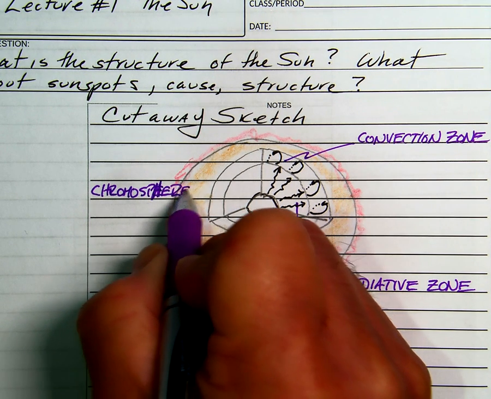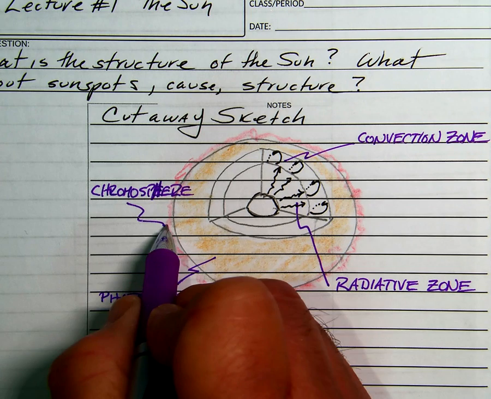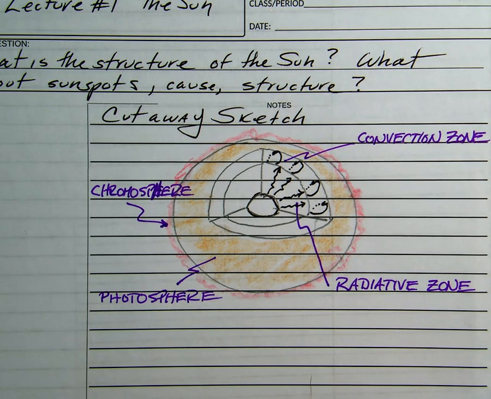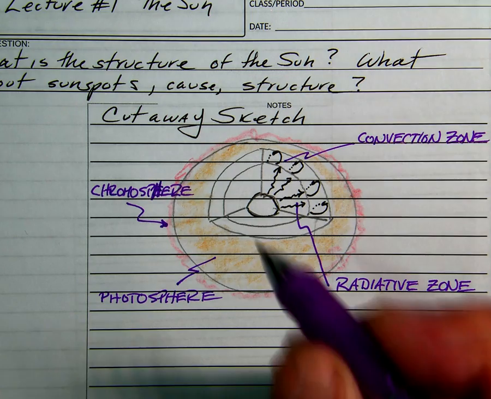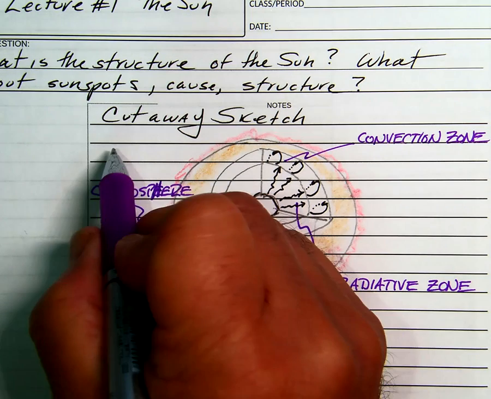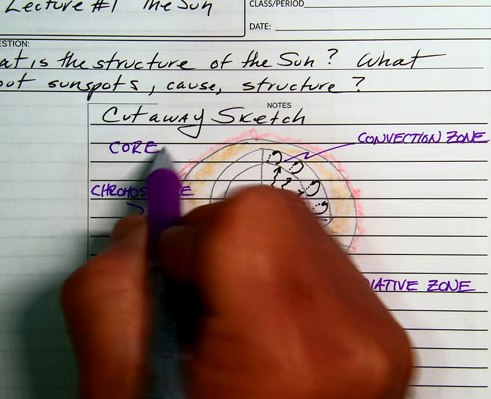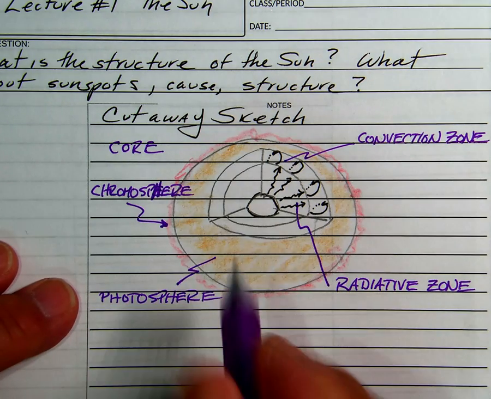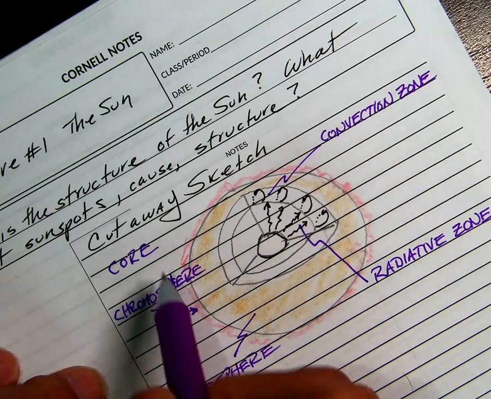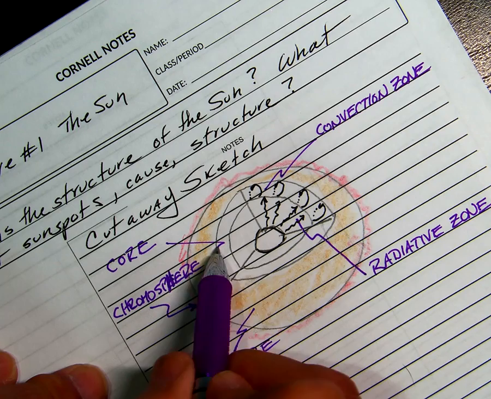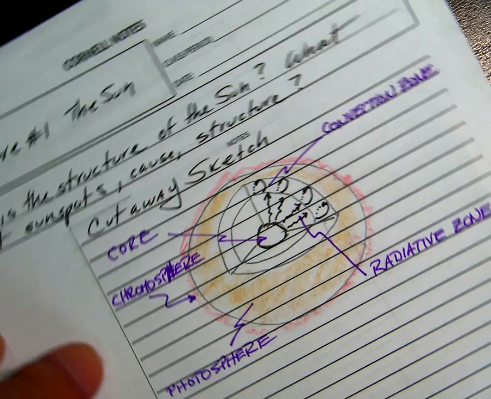That would be the pinkish area. And then of course the core in the middle. So let me do it this way, core, like that. How's that?